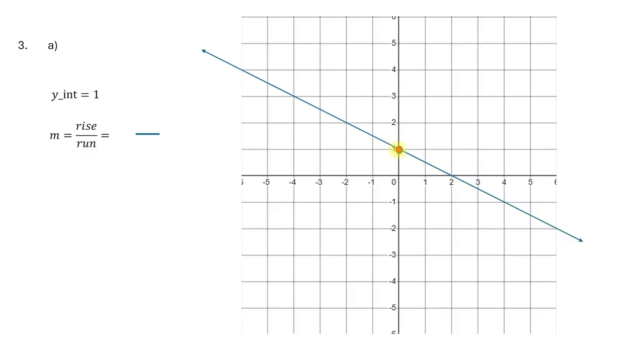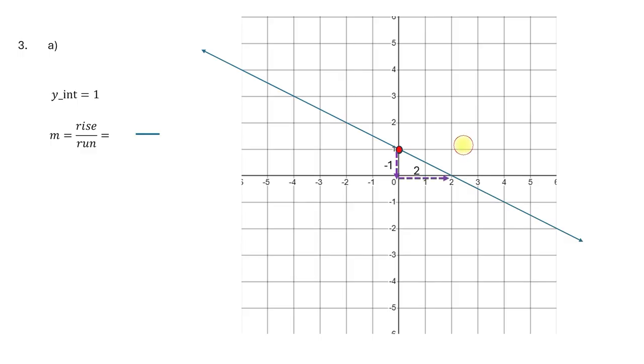So what we want to do here is find a point where the graph crosses in a nice, easy to recognize point. We don't want something that's halfway through one of these squares, one of these units. So we want to find something where it's very easy to read what the coordinate is.